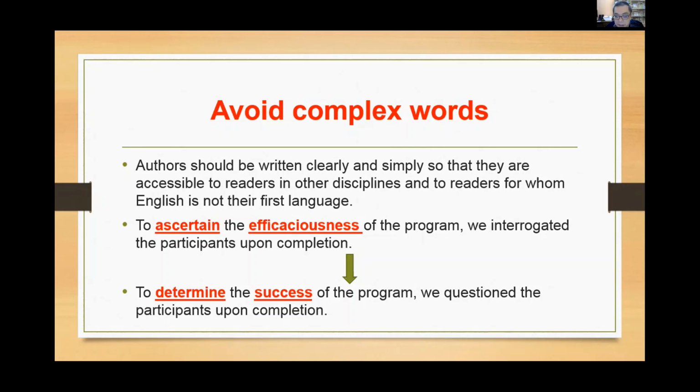For example, "to ascertain the efficaciousness of the program, we interrogate the participants upon completion." You can replace that with "to determine the success of the program, we question the participants upon completion." These are simple words, clear and simple. Even participants whose first language is not English can easily understand what you try to deliver.